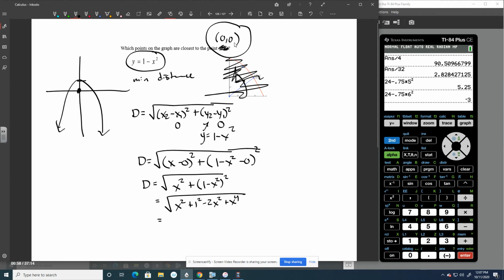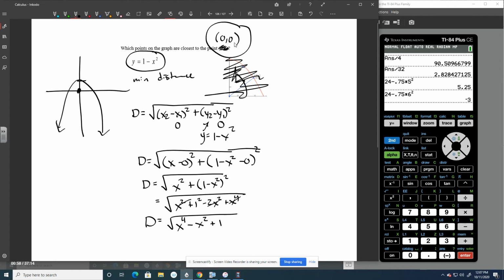You can do that by foiling if you need to, but trust me, that's what it comes out to. Actually, let's rewrite this. Let's put x to the fourth in front. Negative 2x squared plus x squared just becomes negative x squared. And the 1 squared just becomes plus 1. And I'm okay with that the way it is. So there's my distance formula in all of its messy glory.